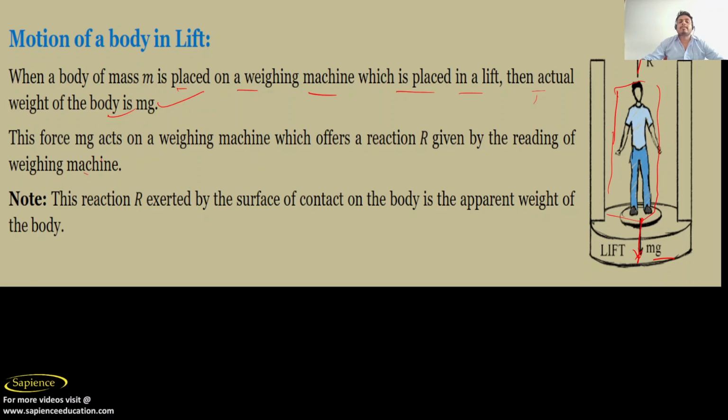This force mg acts on the weighing machine, which offers a reaction force shown by its reading. As per Newton's third law, every action has an equal and opposite reaction. This reaction R exerted by the surface of contact on the body is the apparent weight of the body. I will make it clear now.